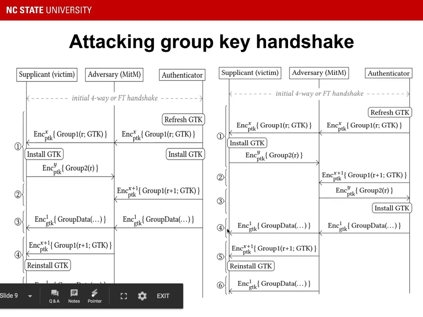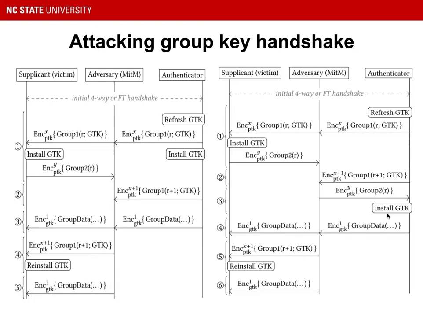In case 2, before replaying message 1 again, the attacker will need to replay message 2 so that the AP can install the GTK, so that the keys being used by both the AP and the client are the same.